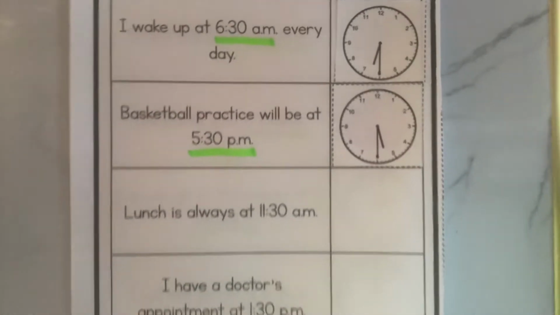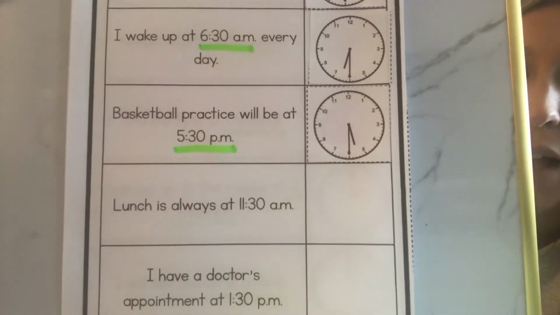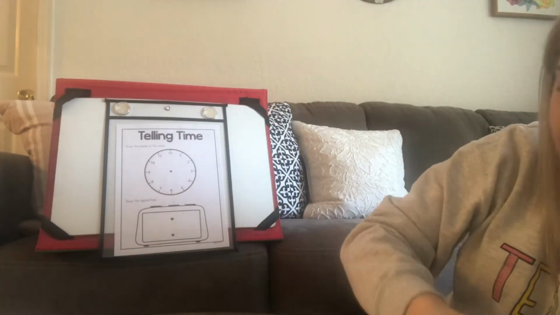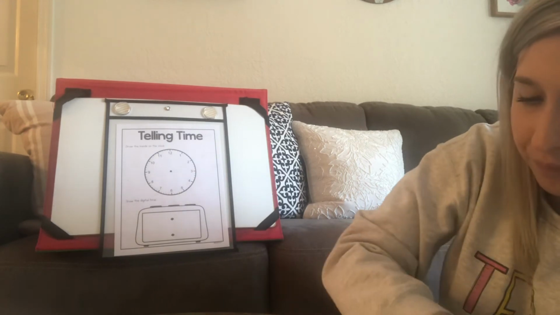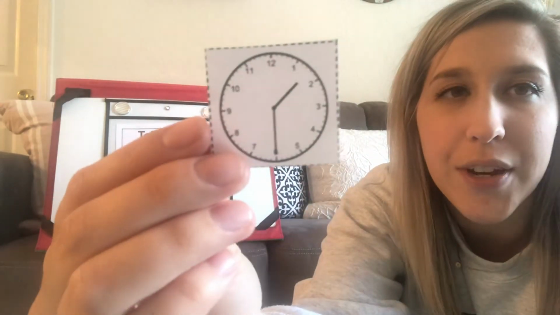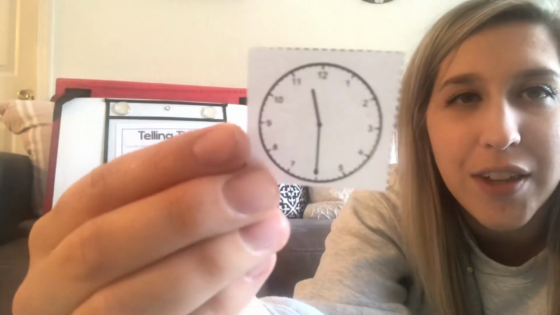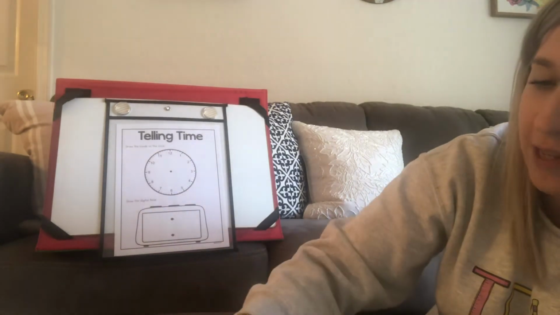Okay. Next one. Lunch is always at 11:30 a.m. What do I need to underline? Yeah, 11:30. Does this say 11:30? No. Does this say 11:30? Yeah, 11:30 is our answer.